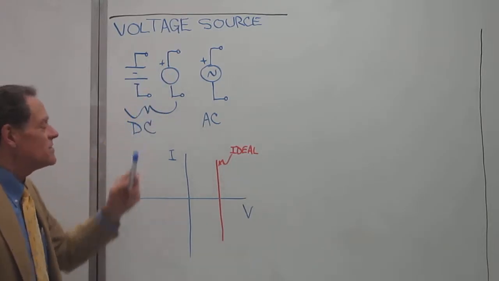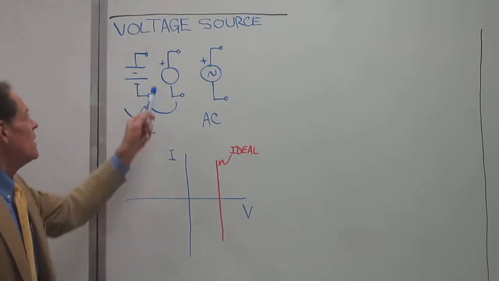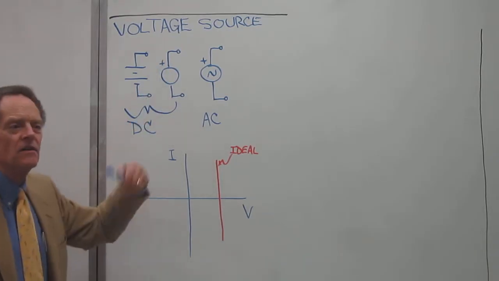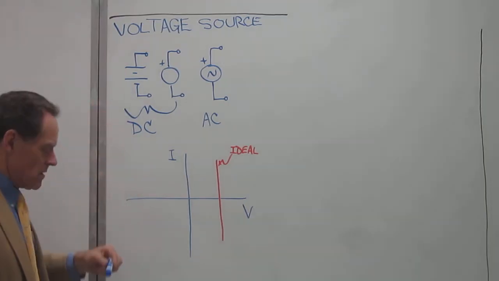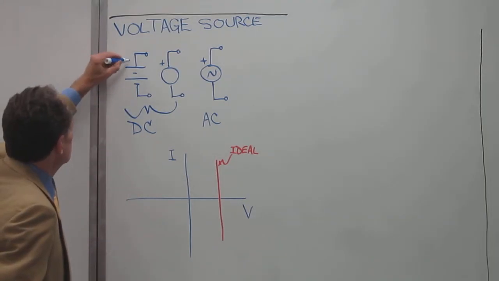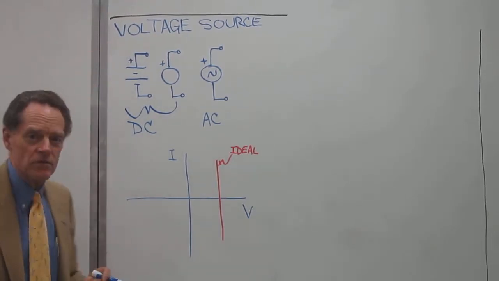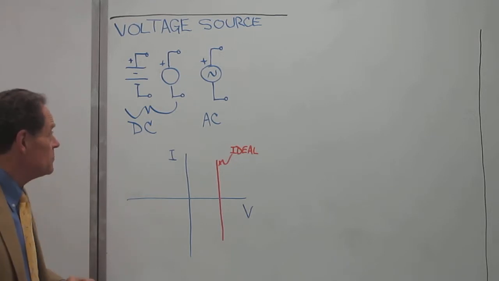Same way now with this symbol, this is what you'll find in a lot of textbooks. There's a circle with a plus sign indicating the plus end. Clearly on this one, the long end is the plus end on the battery symbol, if you use that symbol.